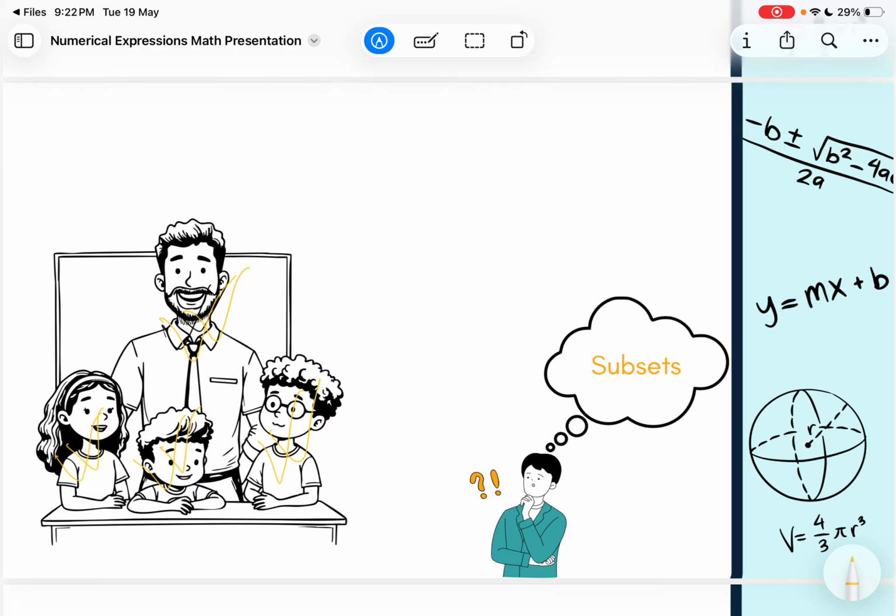When we talk about a subset, if we have a set, for example, A equal to {1, 2, 3}, then the subsets of this set will be, for example, B equal to {1}, or C equal to {2}, or D equal to {3}. All these are subsets of this set.